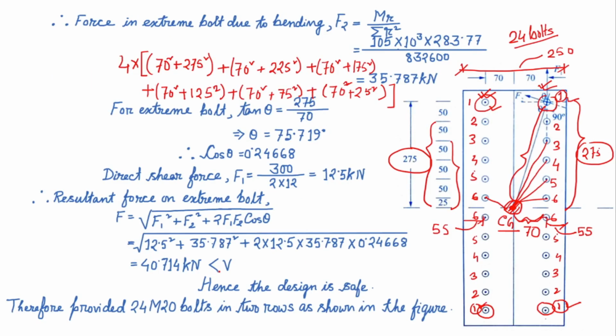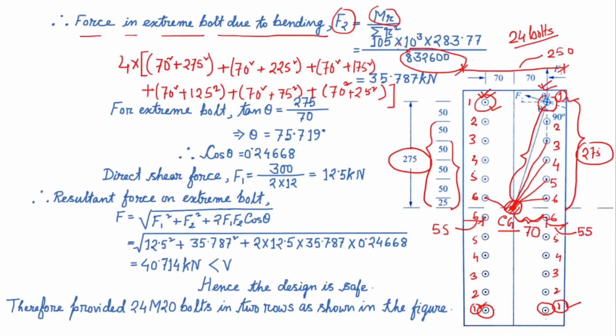Okay, next, force in extreme bolt due to bending, F2. The formula is M into R divided by summation of R square. So summation of R square we have just calculated. Then M is 105 kilonewton meter.